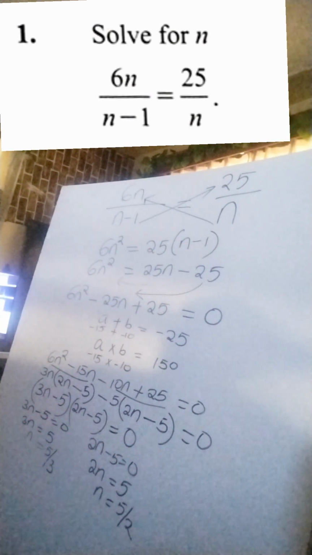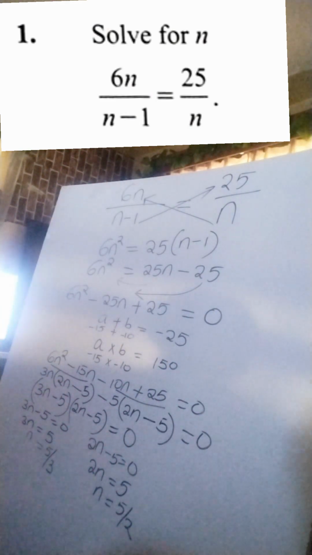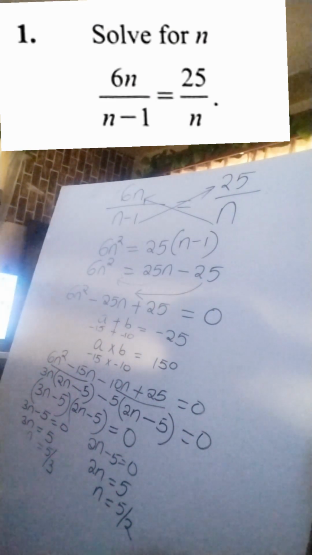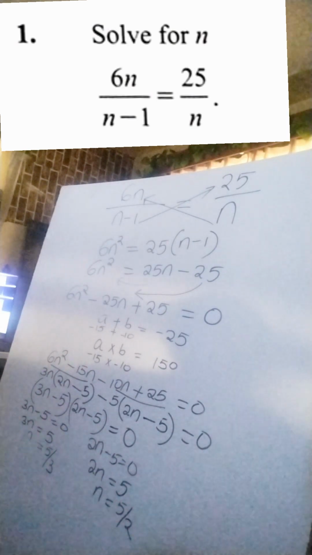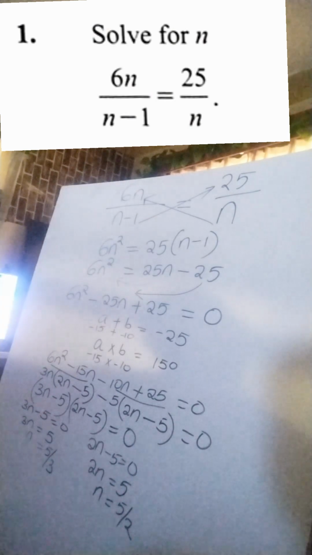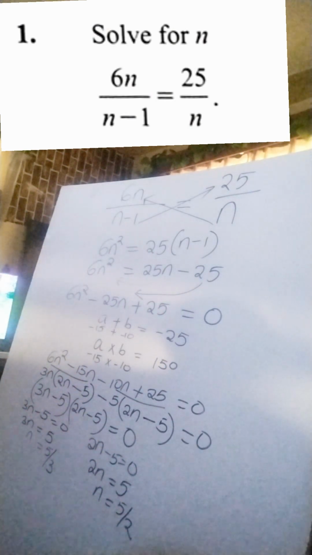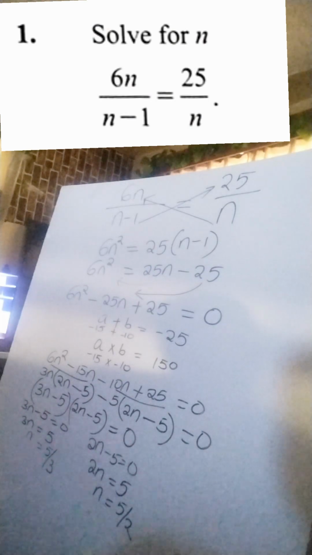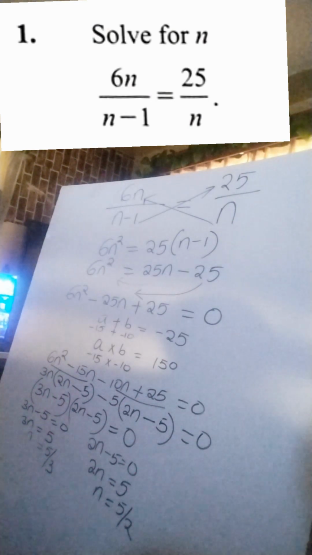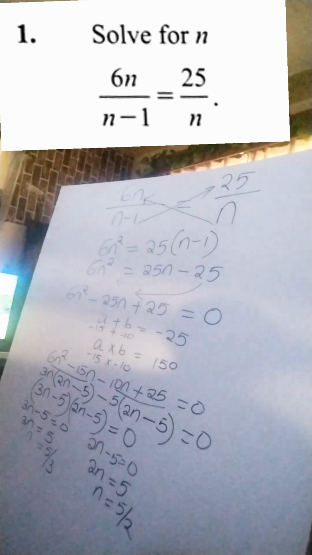Maybe I can say something on the method that you use. I already told you there are three methods, so it's up to you. When the question has not specified the method you're supposed to use, pick the best. If it's the formula, use the formula. If you're good at completing the square, use completing the square. If you're good at factorizing, use the factorizing method.